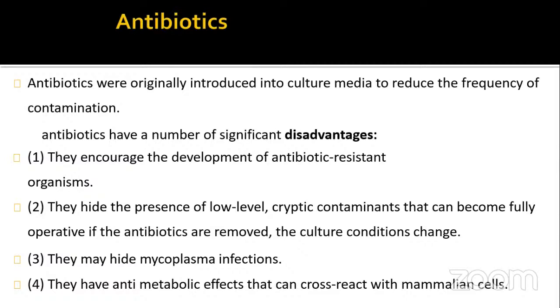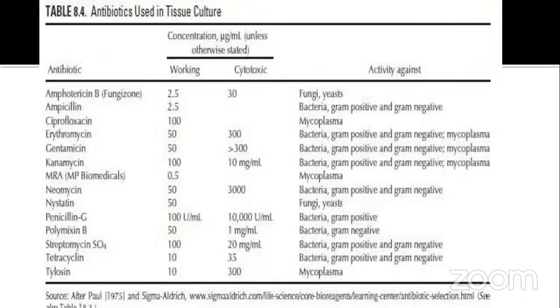And sometimes these antibiotics will cause anti-metabolic effects also. So these are the antibiotics which we can use: amphotericin B, ampicillin, ciprofloxacin, then erythromycin, gentamicin, kanamycin, penicillin, streptomycin, or tetracycline. All these we can use based on their activity.